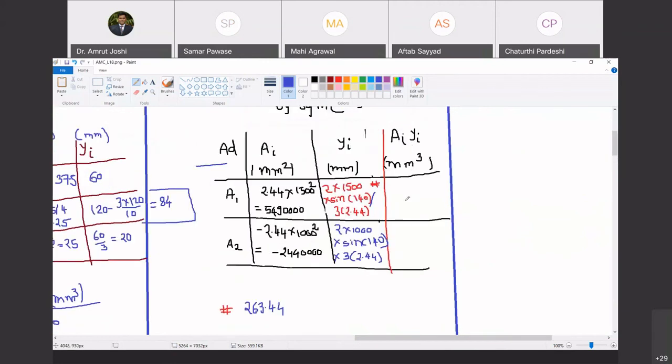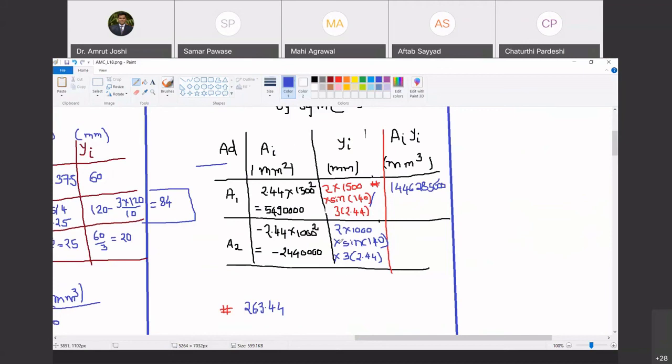Now AiYi. Tell me how much is that. 144,628,5600. Yes, sir. This is in mm cube. You have taken this value as 263.44, right? Yes, sir.